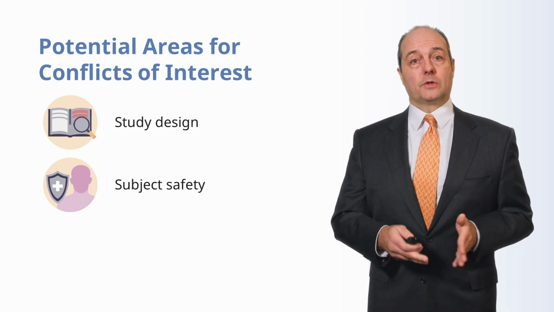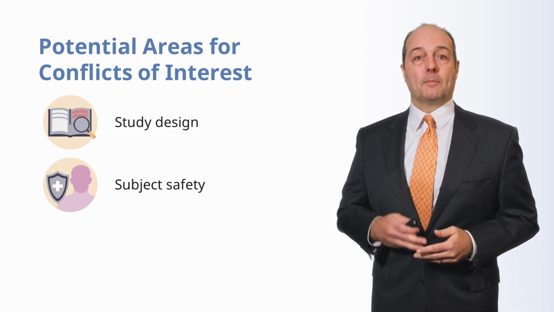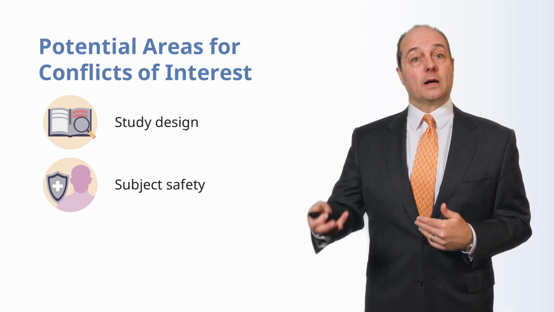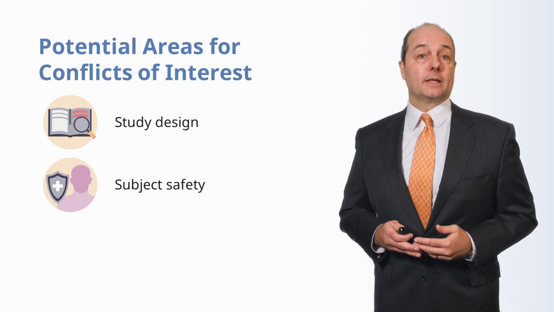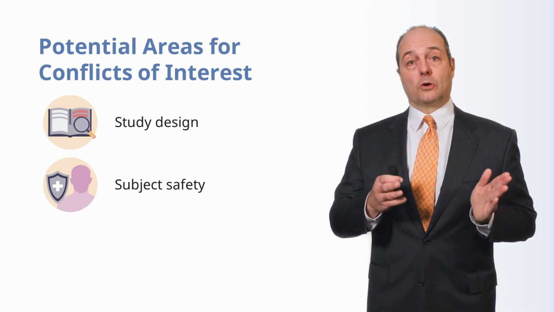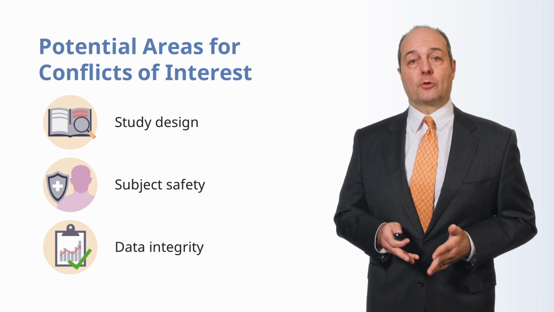So are you paying enough attention to the protocol and their safety, monitoring things closely, or are you more concerned about getting the study done because you've got these personal interests at stake? And then lastly, there might be concerns of how closely you're adhering to collecting and storing data with integrity.